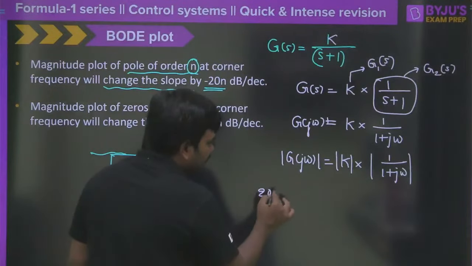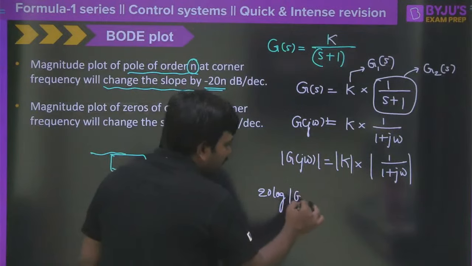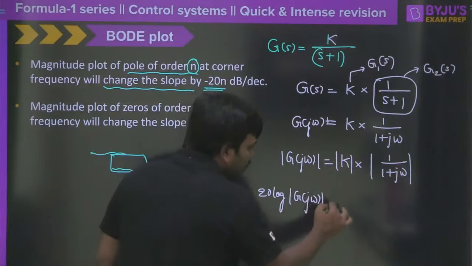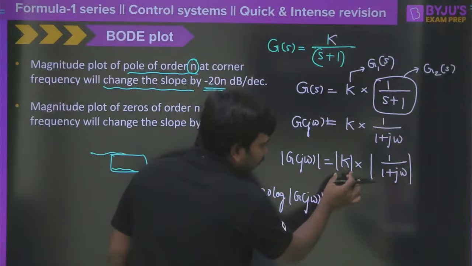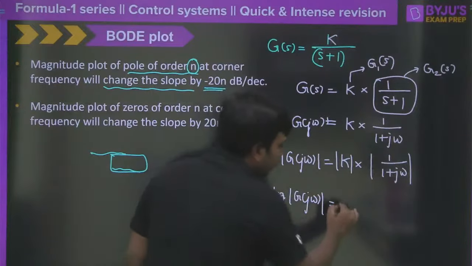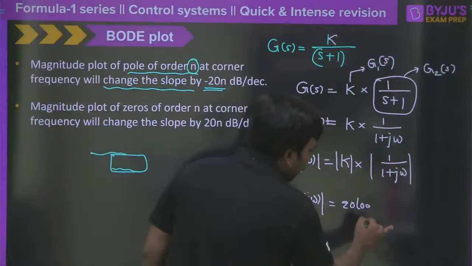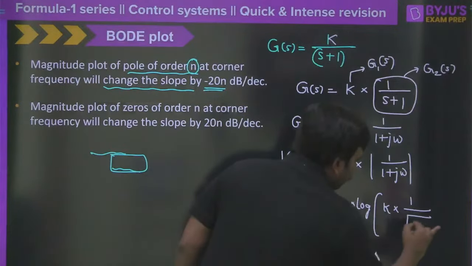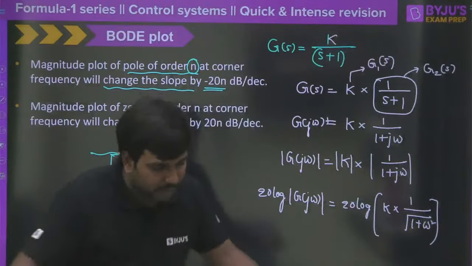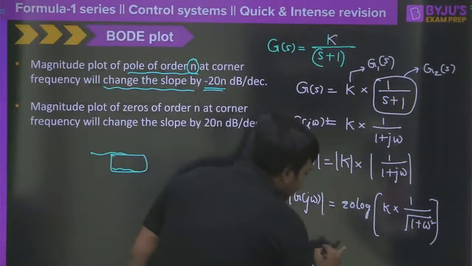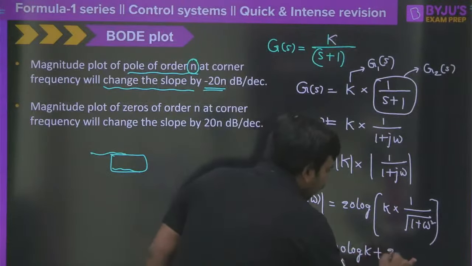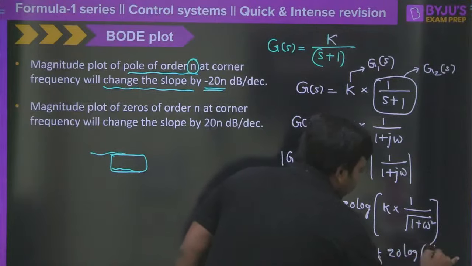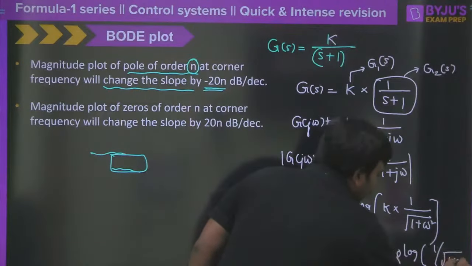If I take 20 log on both sides, it will become 20 log of k plus 20 log of 1/√(1+ω²), which is the magnitude here, correct?